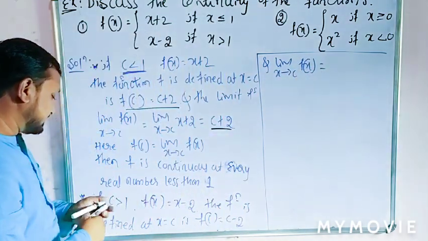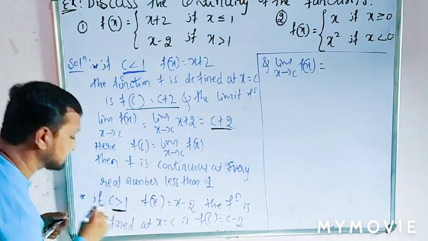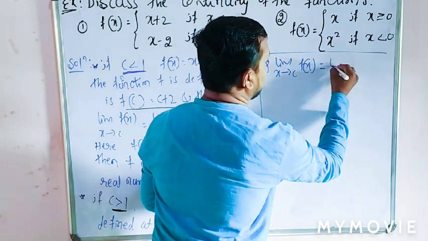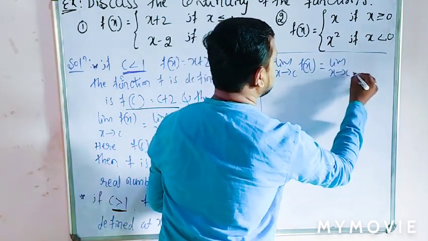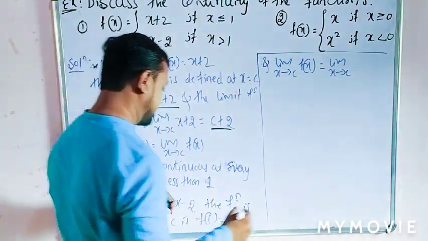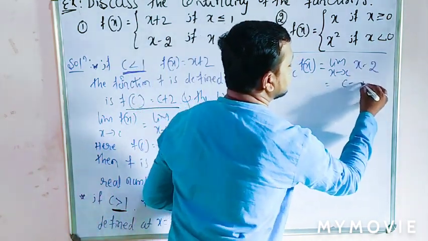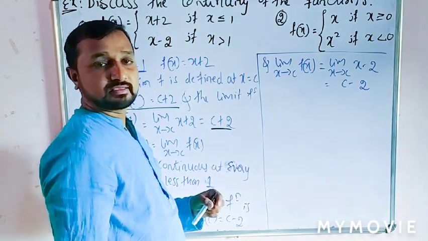And the limit of f of x as x tends to C, for every C greater than 1 in this function: f of x is x minus 2, apply the limit, we get C minus 2.